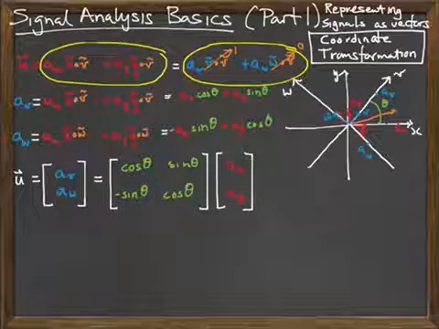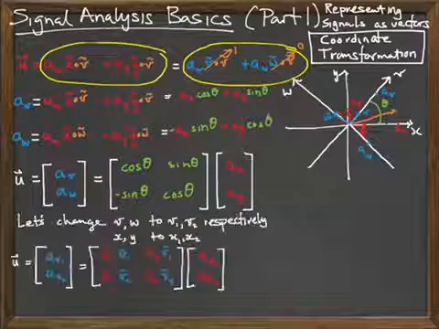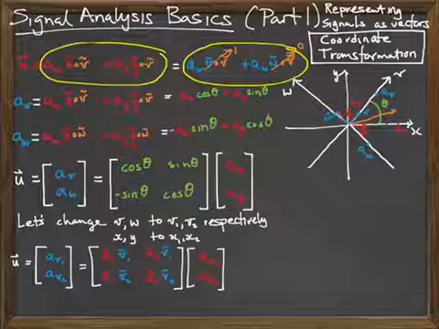So continuing on from here, let's say that we change v and w to v1 and v2, and x and y to x1 and x2, just so that we can make things a little bit easier to see where we're going from.